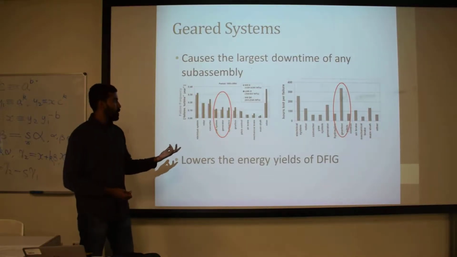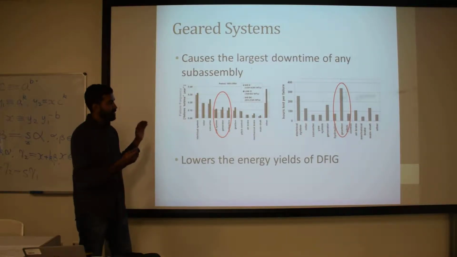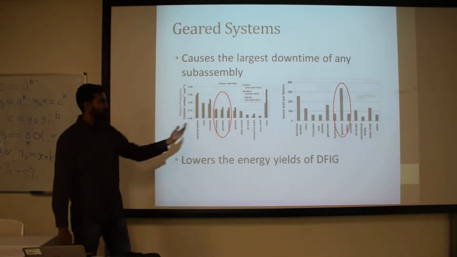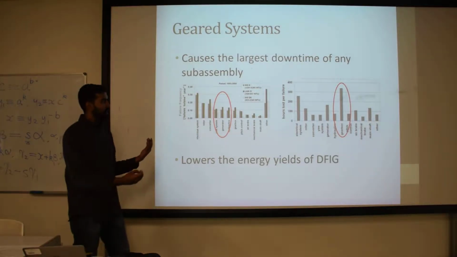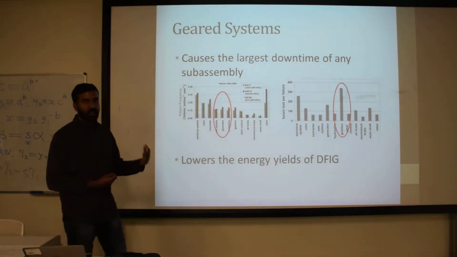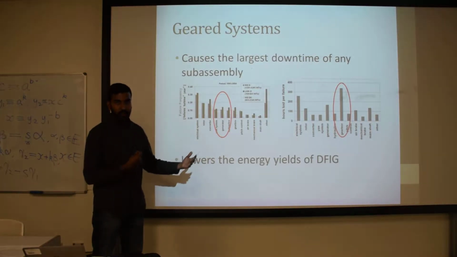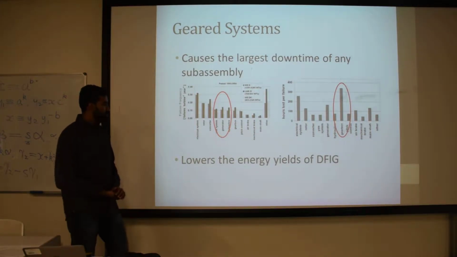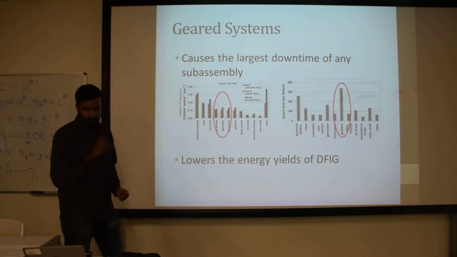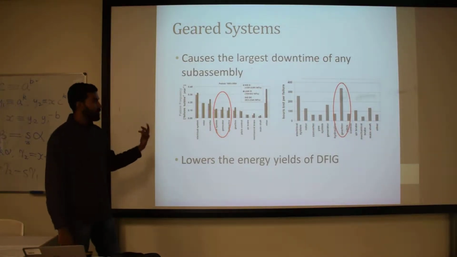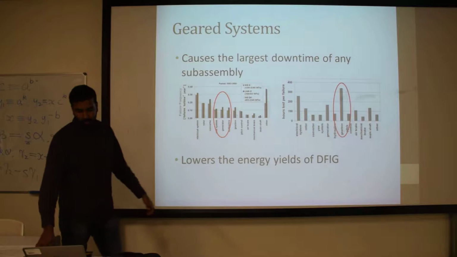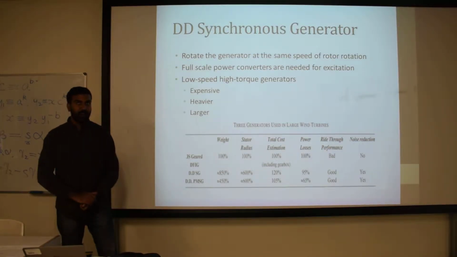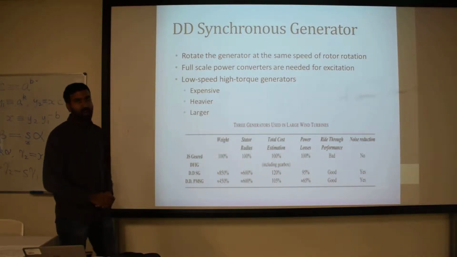And this becomes a problem because gearboxes, when you aggregate the failure frequency and the hours lost per failure, become the subsystem that contributes to the downtime the most. And because of this, we need to look at technology that does not use the gearbox, and therefore we come to direct-driven systems.